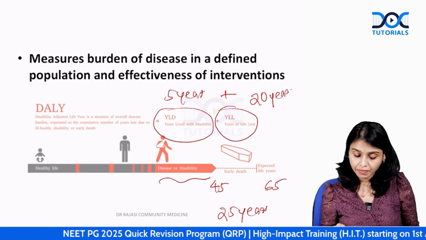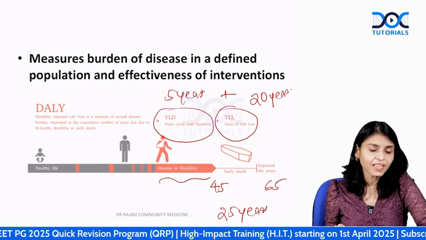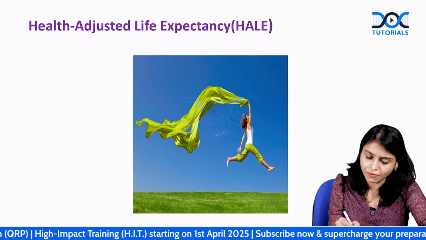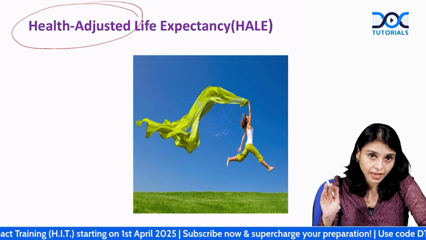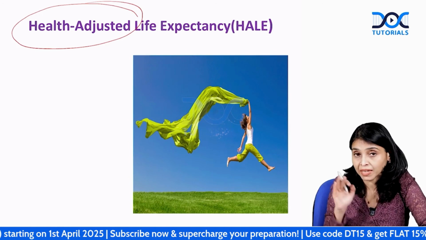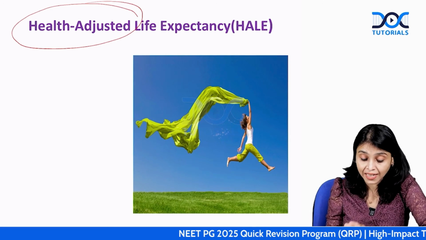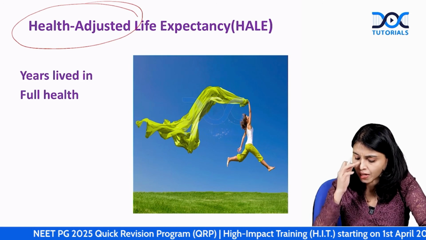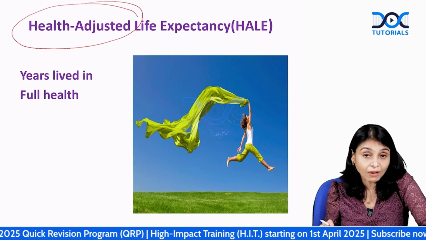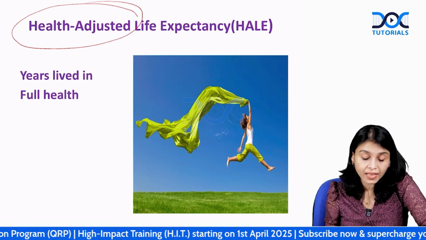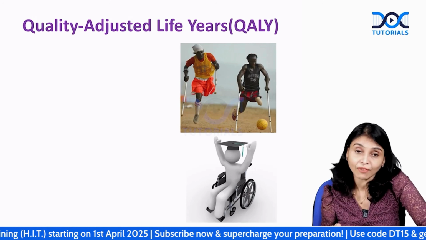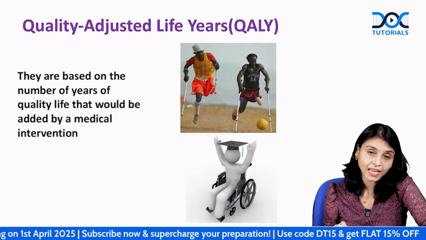Then you have HALE, which is health adjusted life expectancy. Just the full form itself is necessary. Here you are calculating the years lived in full health. Not that important. Then you have QALY. There you are calculating how many years of quality life you have added to a person by your medical intervention.